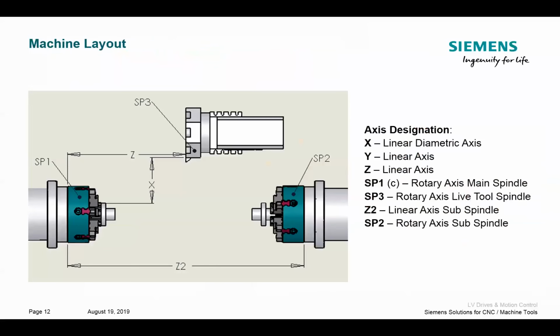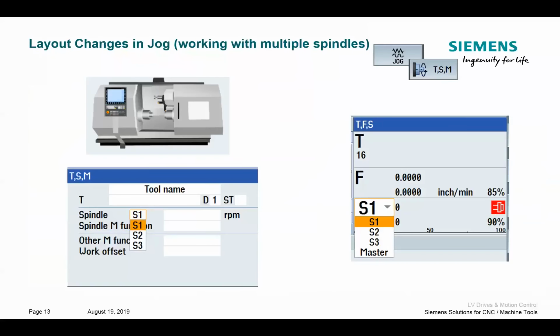So to our right, this gives us, again, the axis designation. Now, when you use the machine from a jog perspective, you are going to get a few extra axis designations once you're on these multi-spindle lathes. So what you'll have in the TSM screen or in our TFS field, which shows us the feedback of our display, you're just going to get a simple pull down.